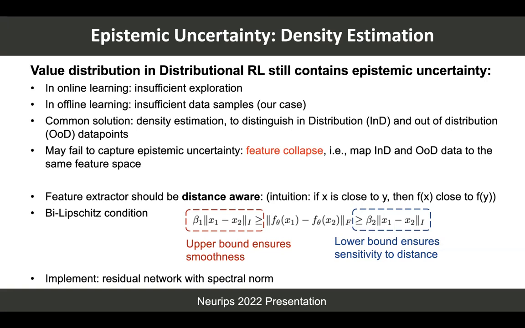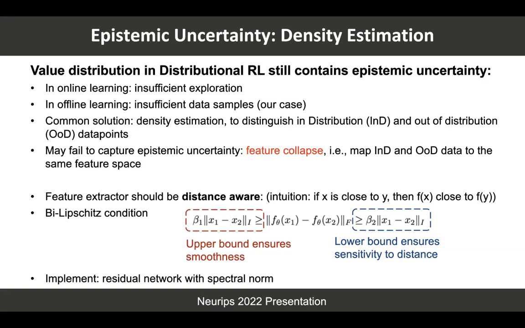Then the neural network actually cannot distinguish these two kinds of data points. So one solution is to make the feature extractor distance aware. The intuition is if x is close to y, then we want f(x) also close to f(y).